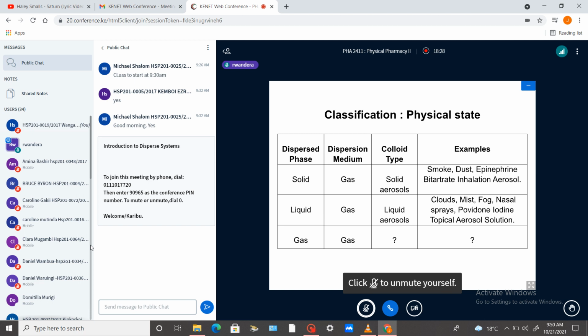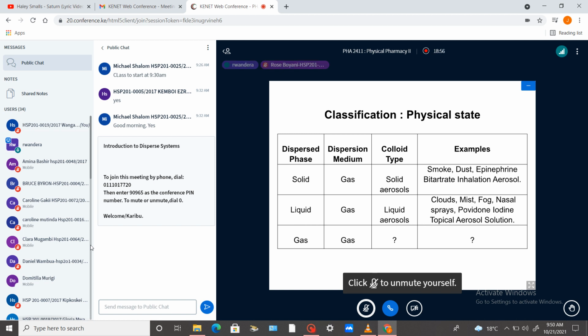Let's listen to a lady. We have Rose Boyani. It exists, but does it form a colloid type? That's the question. I think it will be a gaseous mixture. Will it form a colloid solution, a colloid dispersion? I don't know.